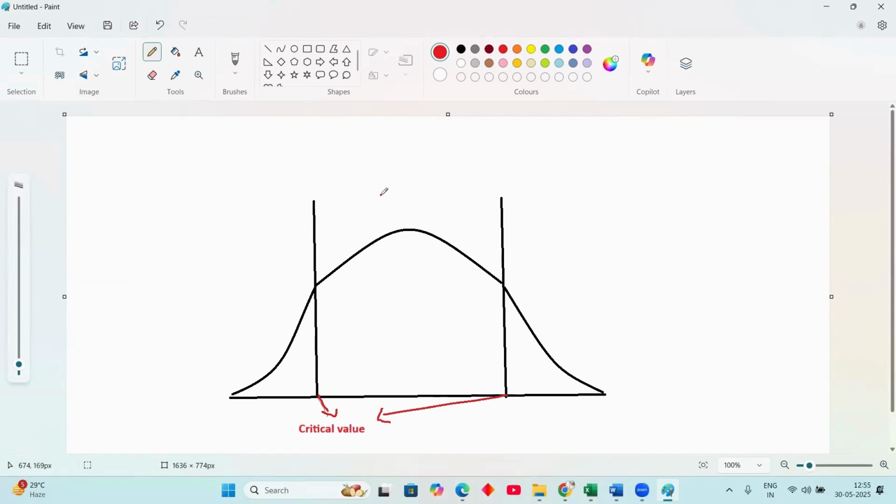So let's take the example of a coin flip. If we take a coin, there are probability chances of heads and tails when we flip the coin. In that case, I assume 50-50 chances. I take a red straight line.